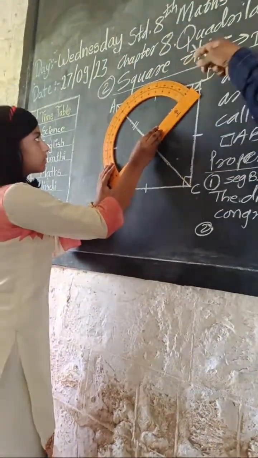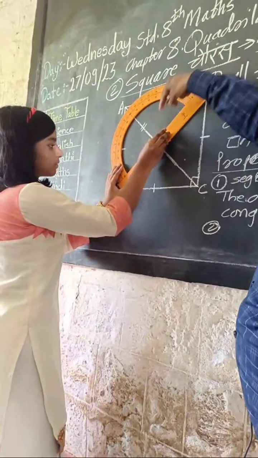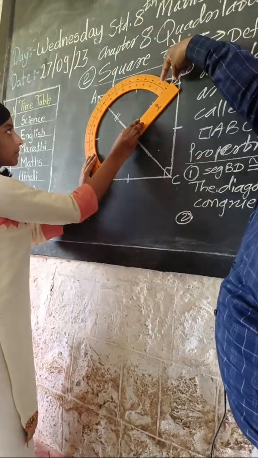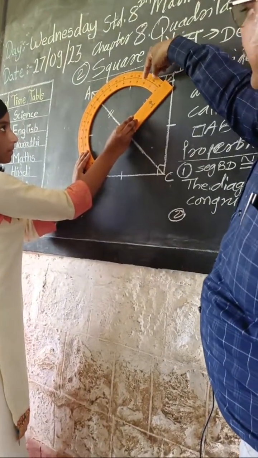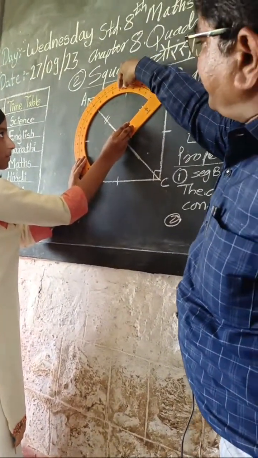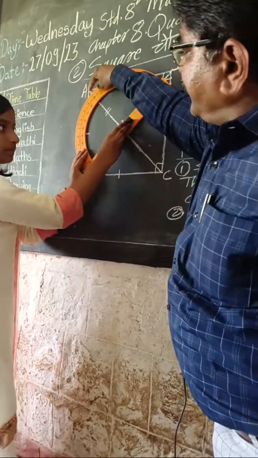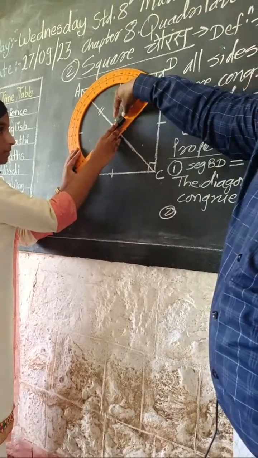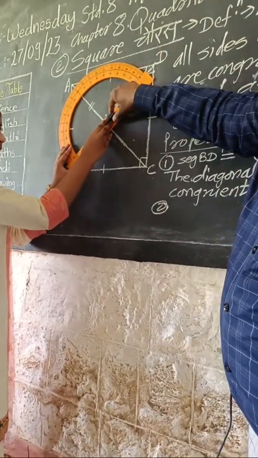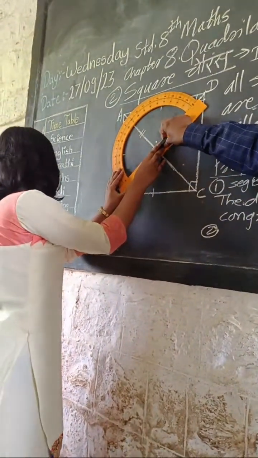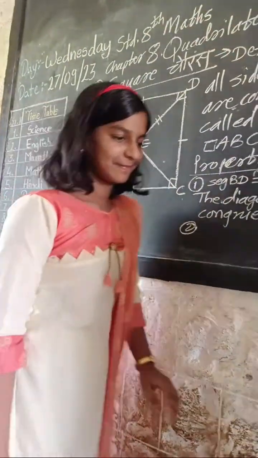Yes, that is correct. Here, from point D: 0, 10, 20, 30, 40, 50, 60, 70, 80 and 90. How many degrees do we get? 90. Sharvari Patil shows the correct measurement. Good.